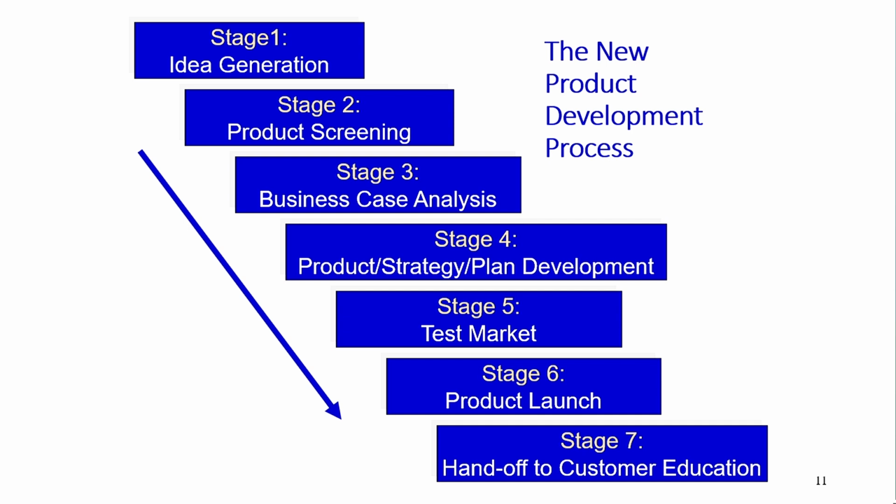So, the traditional view of the new product development process is in front of you on the screen. We have idea generation, then product screening, business case analysis, product strategy and plan development, then test market, then product launch, and then hand over to the sales, general mainstream sales.